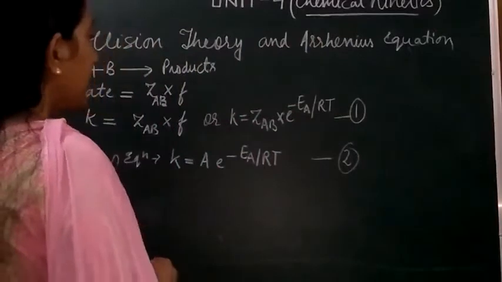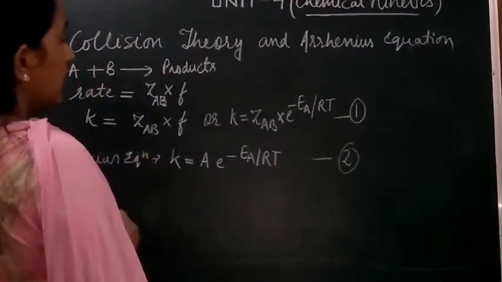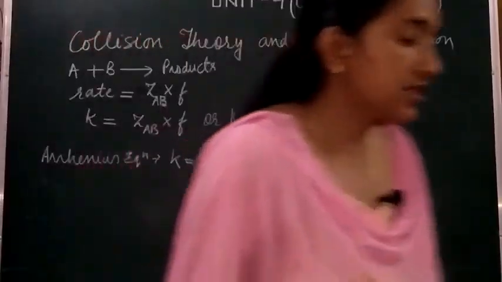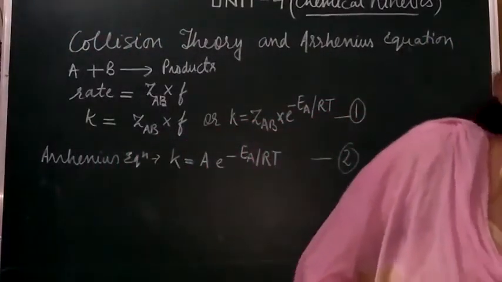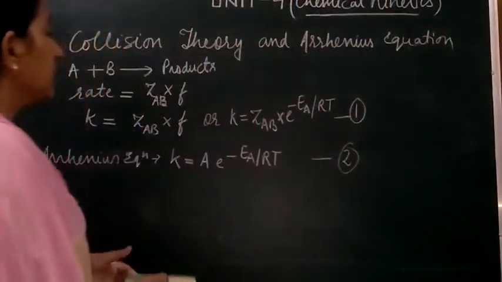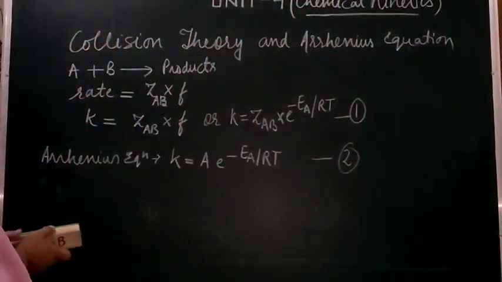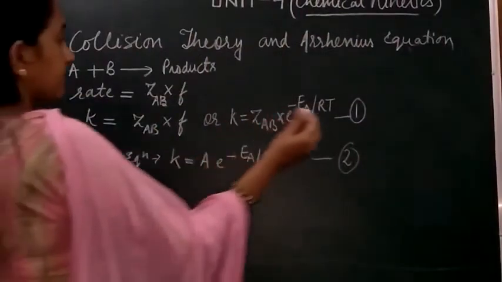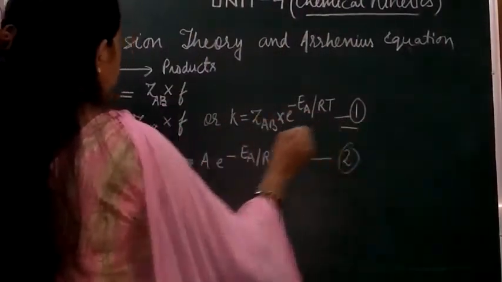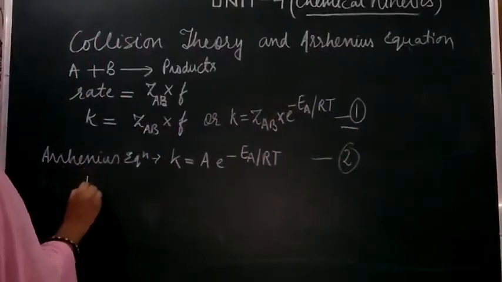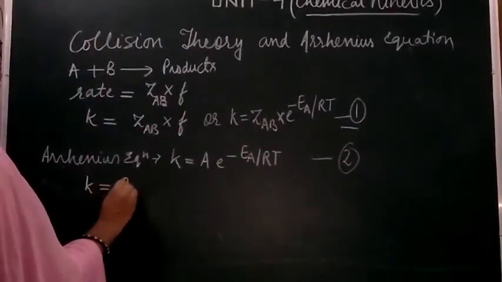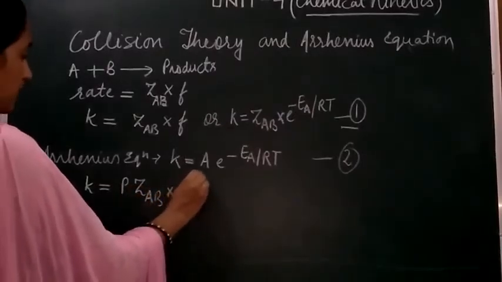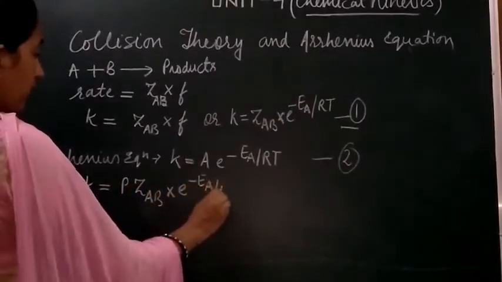So we will add it first, and then compare these two equations. I'll write this equation here: it will now become k equals P Z_AB into e raised to power minus Ea upon RT.